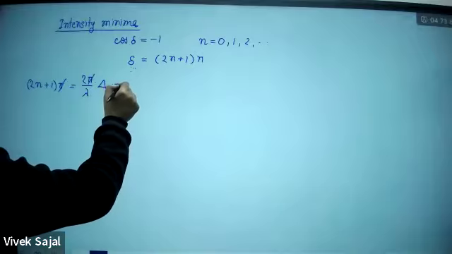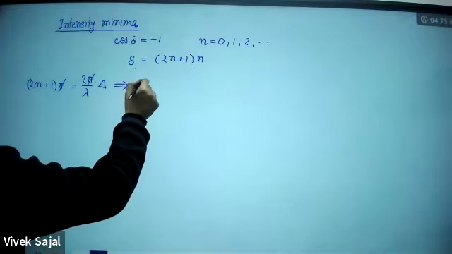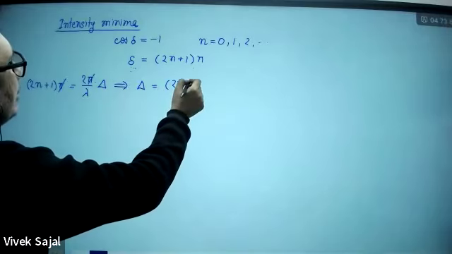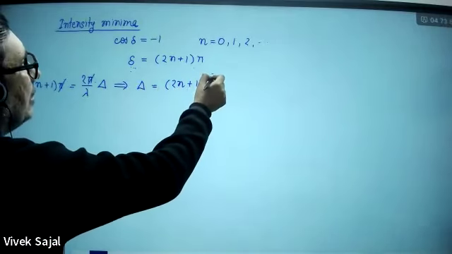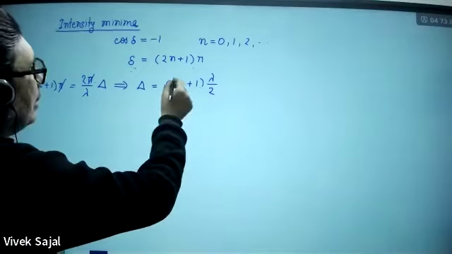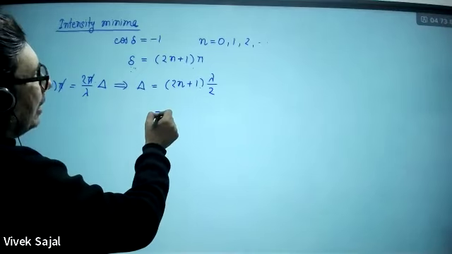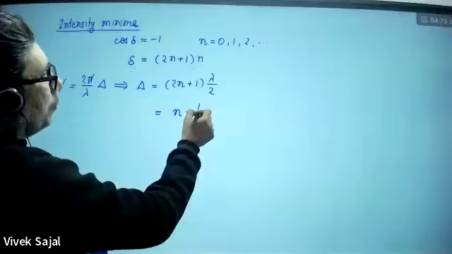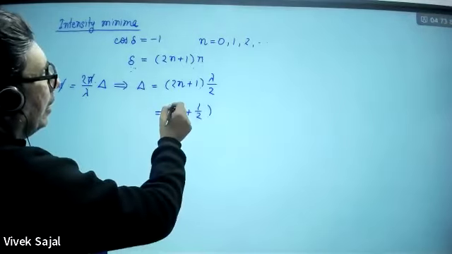So what will be the path difference delta? This will be (2n plus 1) lambda by 2. Either you write it like this, or you can write it another way, as (n plus 1 by 2) lambda.